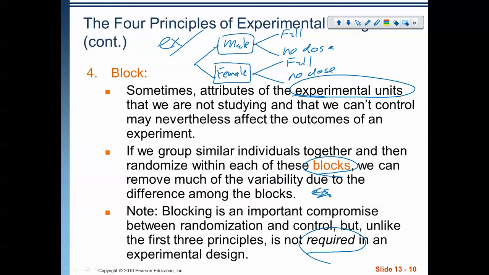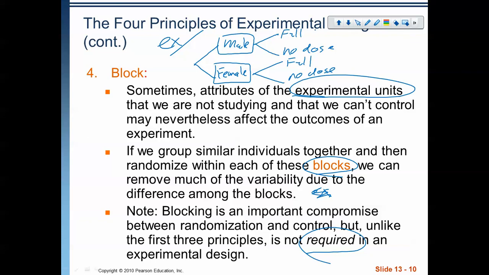Since we know that anatomies between males and females are different, we try to control that in the beginning by saying, okay, I know males and females are different, so I'm going to split them into 2 groups, and then I'm going to do a male full treatment and a male no-dose treatment, and then a female full treatment and a female no-dose treatment.